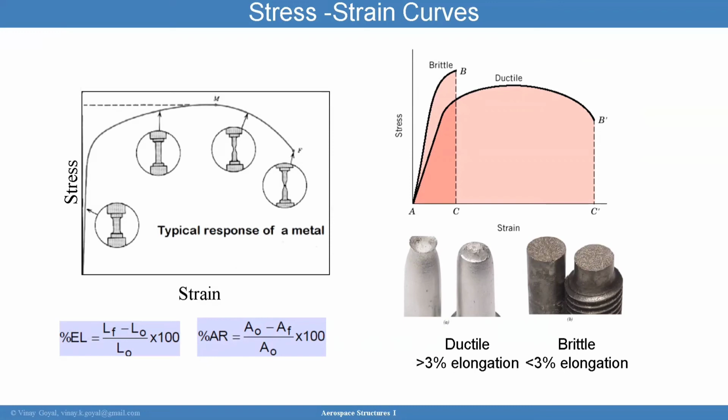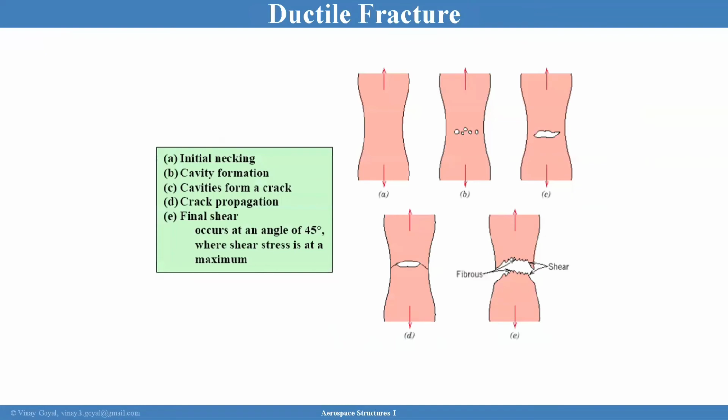And so moving forward here, we look at the ductile fracture. The ductile fracture is going to have some cavity formation with initial necking. Cavities will form from cracks, and then you'll have crack propagation and then final shear.